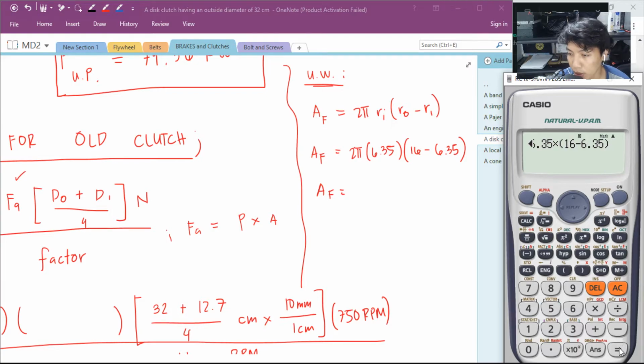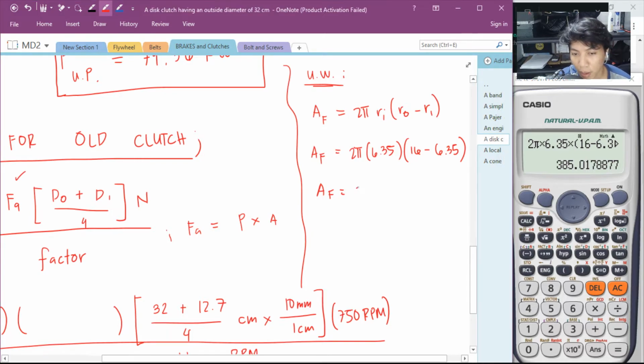The answer is 385, yung area niya. 385.018 cm squared. Ngayon, yung FA naman, pressure 2 kilogram per cm squared multiplied to area 385.018 cm squared. Ngayon, convert ulit natin.